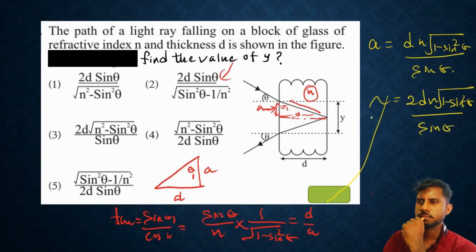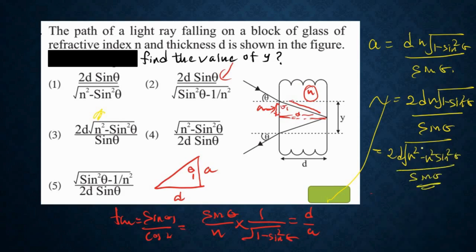Let's see whether we have the answer. We have 2D here, and n is just outside, so let's take n inside: n squared minus n squared sine squared theta, all divided by sine theta. So we have our answer, it's the third option.